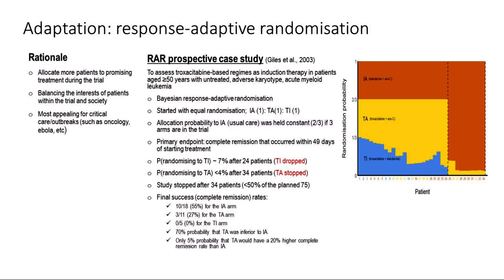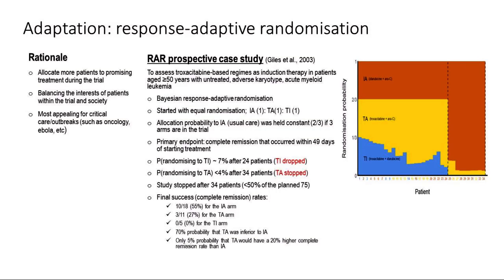So the probability of me entering the trial and getting treatment A is 50%, and the other one is 50%. But there are cases where you might say, hang on, I want to increase the chances of allocating patients to a treatment that is promising.